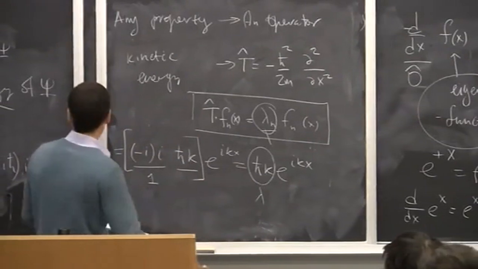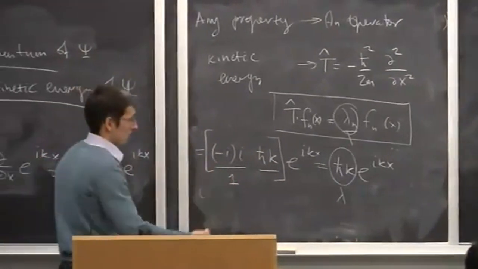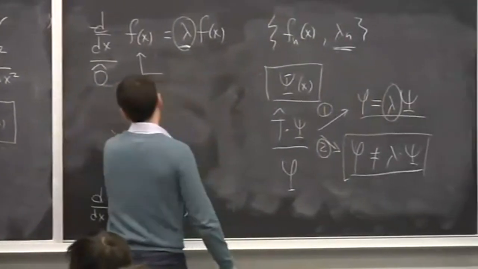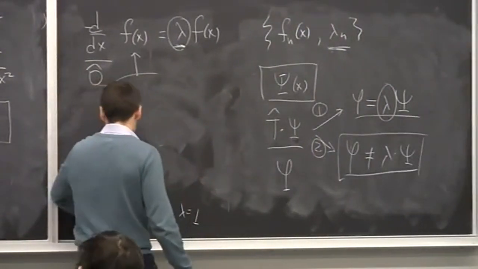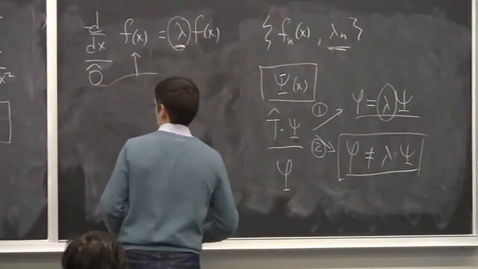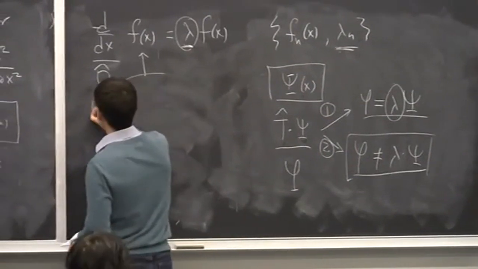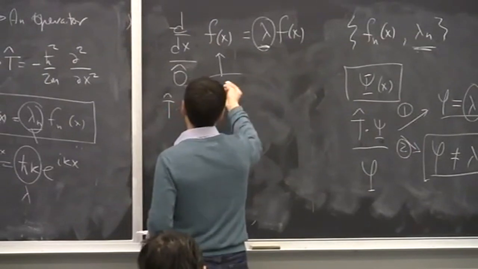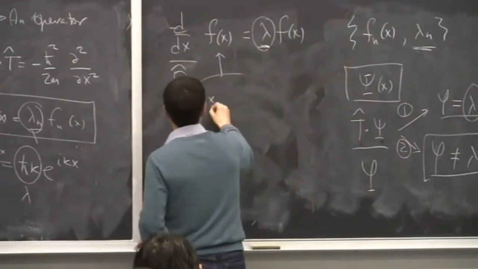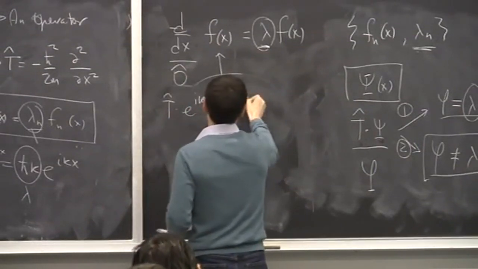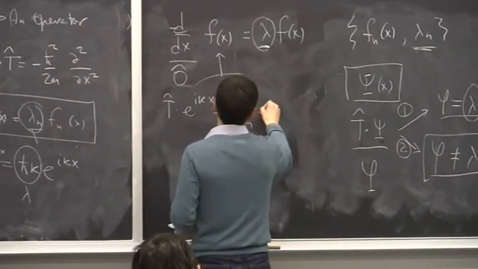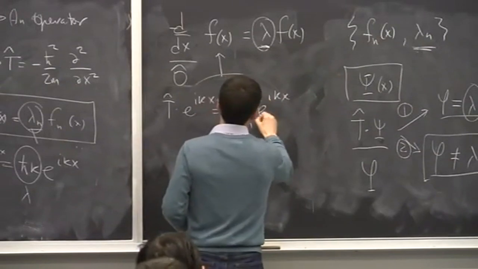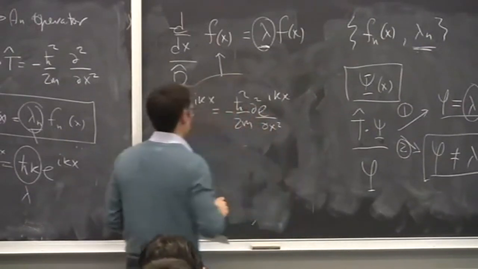Now you can do the same thing with kinetic energy. Let's see what's going to happen if we take the same function, now with a different property, kinetic energy, acting on e to the ikx. It's minus h bar squared over 2m, acting on e to the ikx, differentiated twice, right?